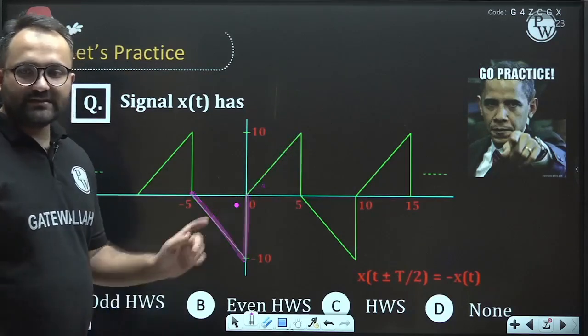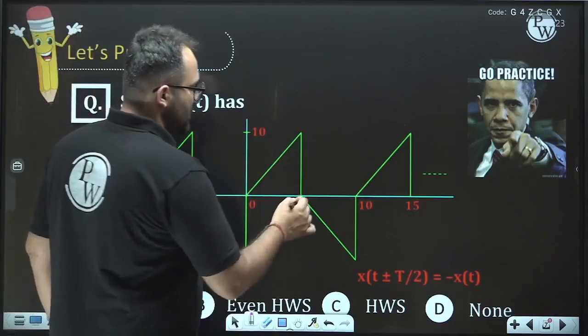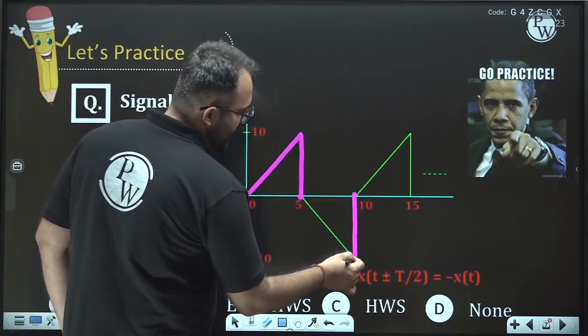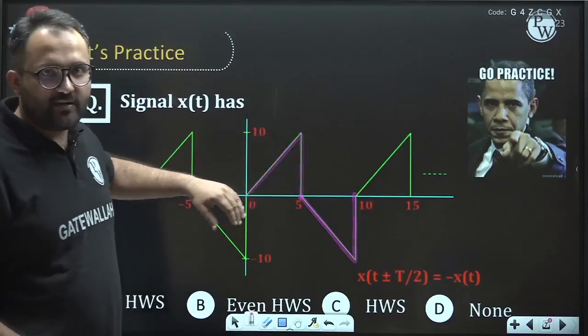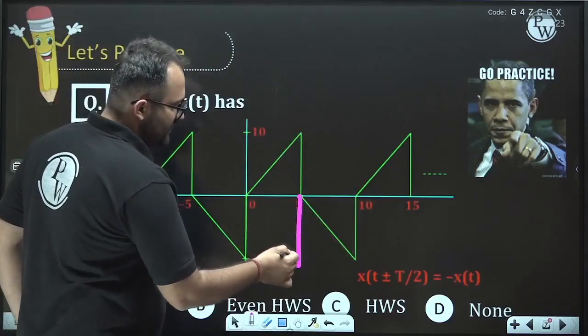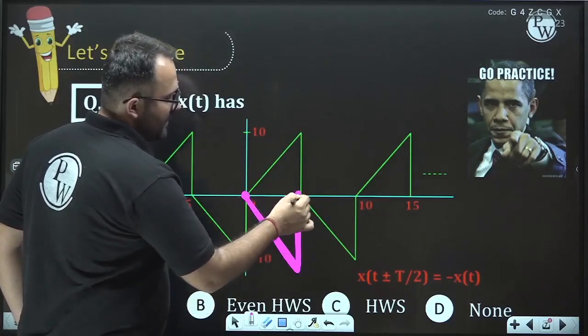Second, does it have half wave symmetry? Let us check. So this is half period of the signal. This is the other half of the signal. If we shift this triangle by half time period towards left, it will become like this.